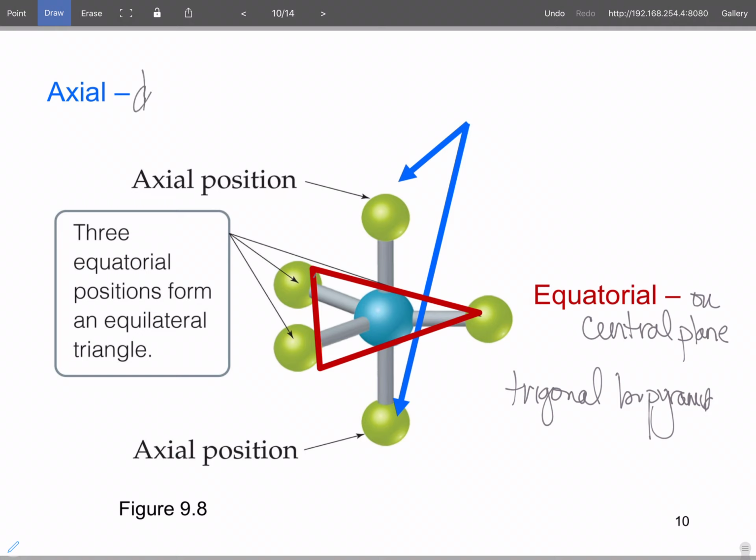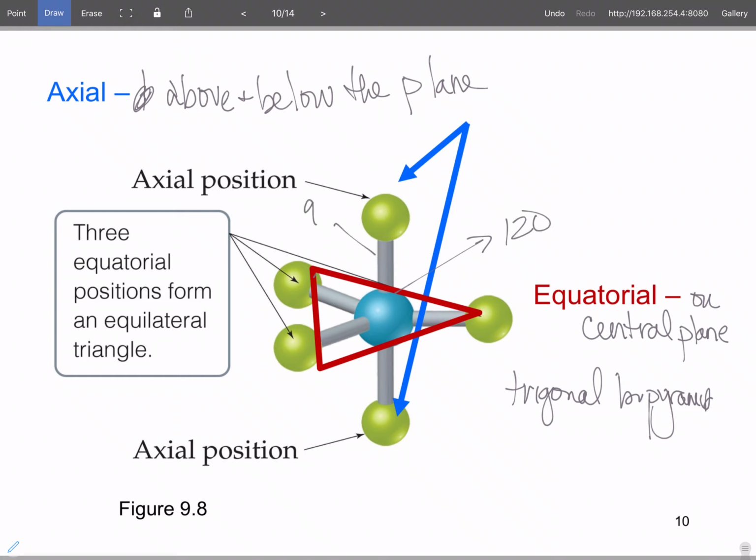These are above and below the plane. And because this has a 120 here, but these are always 90, think about it. If you're in the 120 position, are you farther away from everything than the 90? Yes. So what happens is lone pairs are first going to go to the equatorial positions first.